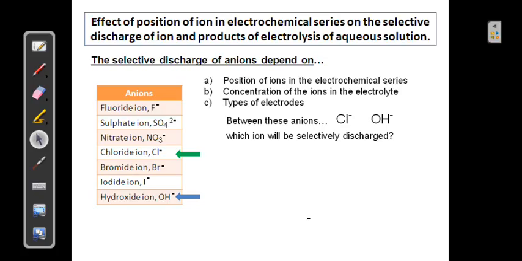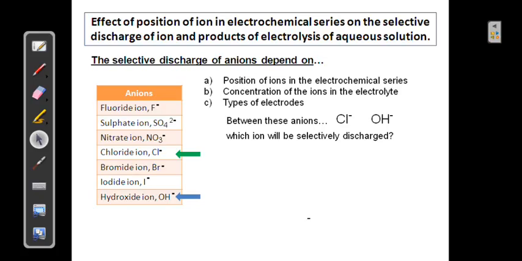When we look at this table, obviously hydroxide is situated at the lowest, whereas chloride is in the middle. Of course, at a glance we can see that the hydroxide ion will be discharged. Well, in most cases, yes, right? But there are times when the opposite happens.